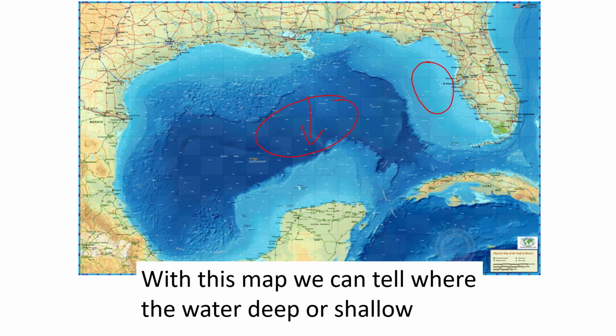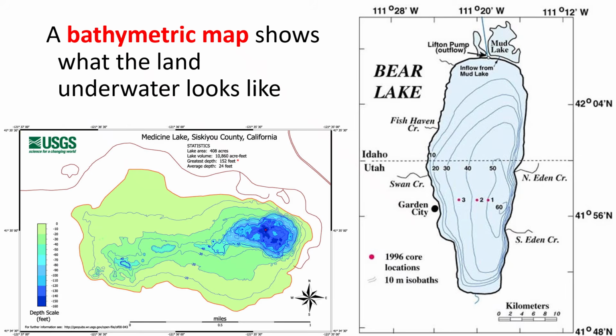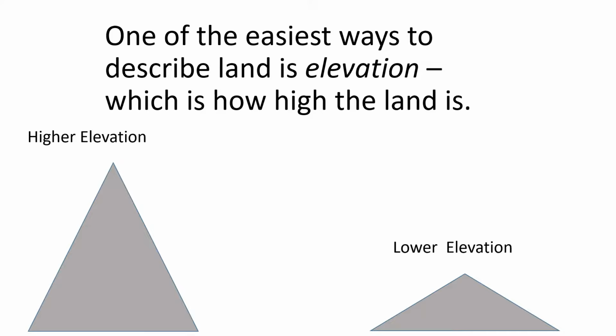Physically here, the land is down lower, hence you have deeper water. So once again, this is an example of a physical map, but this has a special name. This is called a bathymetric map. A bathymetric map is specifically for the land that's underwater, that land that we can't see. It tells us what the shape of the land is like under the surface.